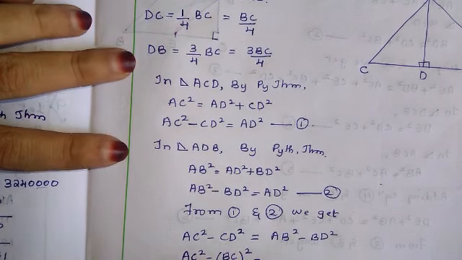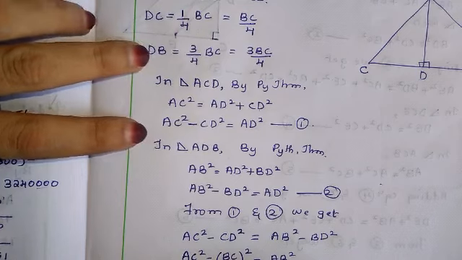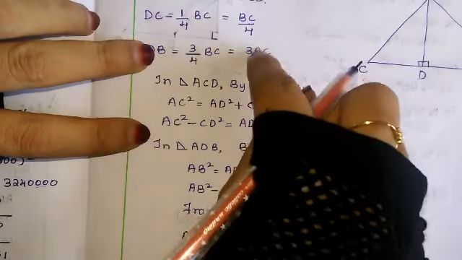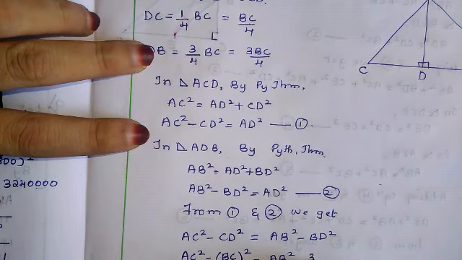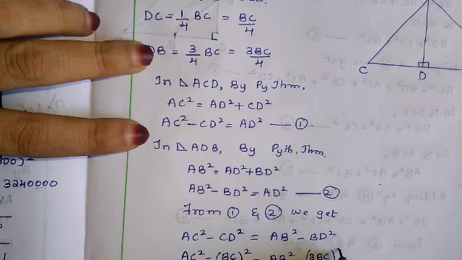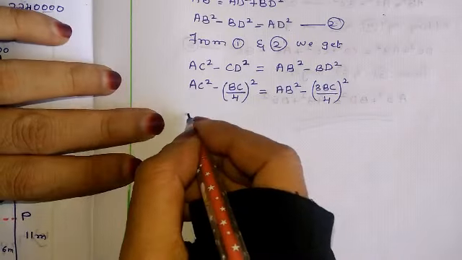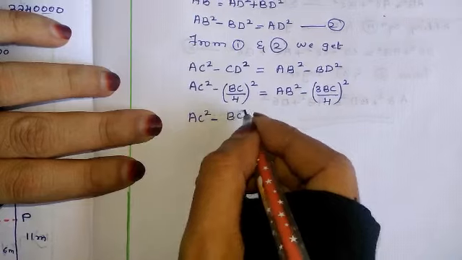AB square I'll write as it is, but the BD value, DB is nothing but BD only. BD value is 3BC by 4. So in place of BD I am going to write 3BC by 4, square as it is. Let us solve now. AC square as it is minus BC square as it is.